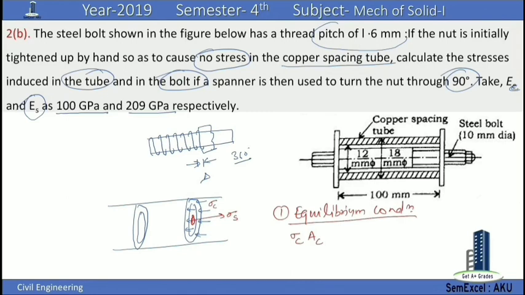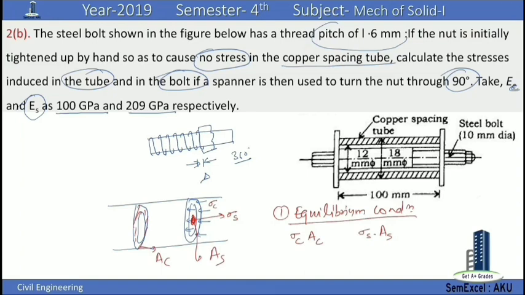And total force acting on the bolt will be equal to sigma S and the area of the bolt, AS. This area is AC and area of bolt is AS.